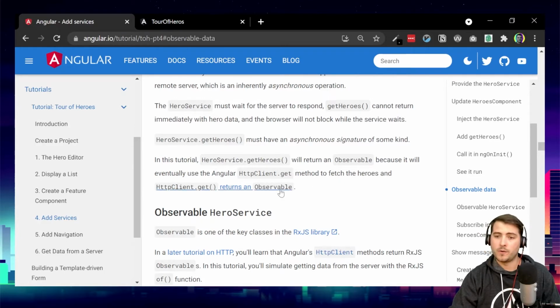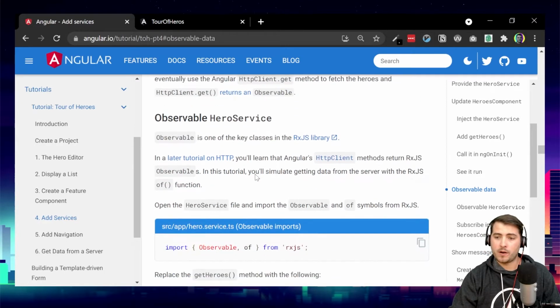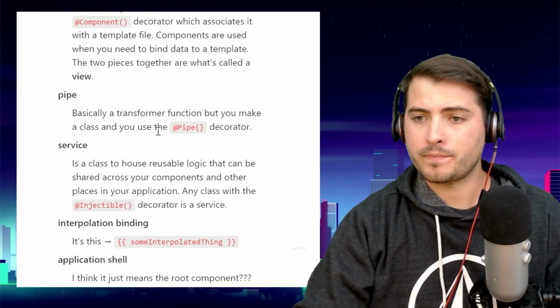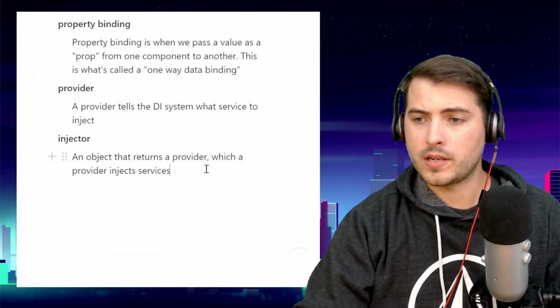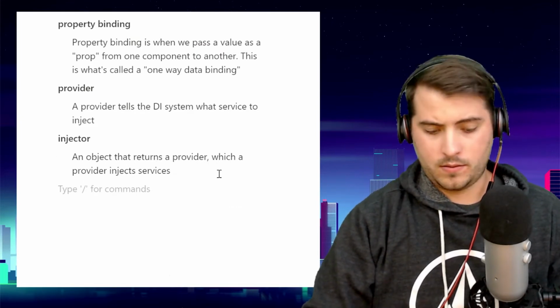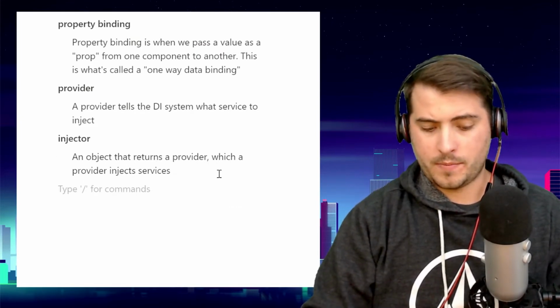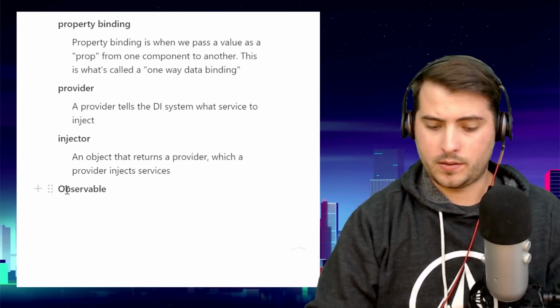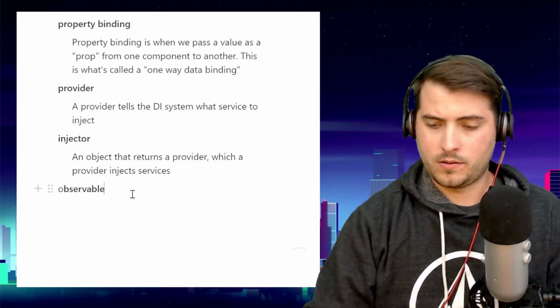Excuse me. So, assuming we are about to learn about observables, this is something I'm going to add to our glossary, even though I kind of already know what an observable is, and the topic is probably bigger than what we want to put in here, but let's do it anyway.